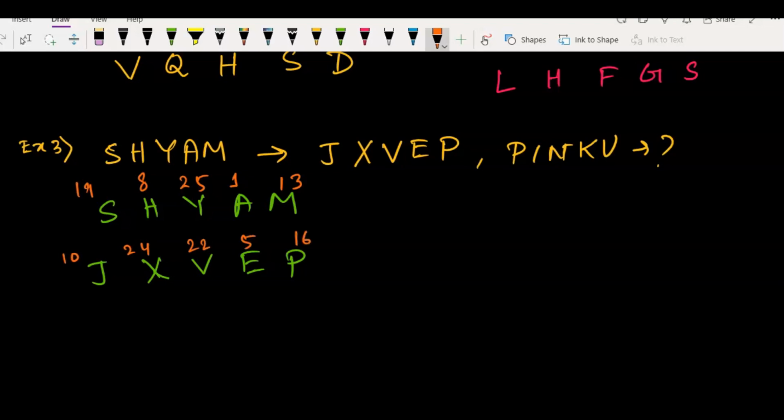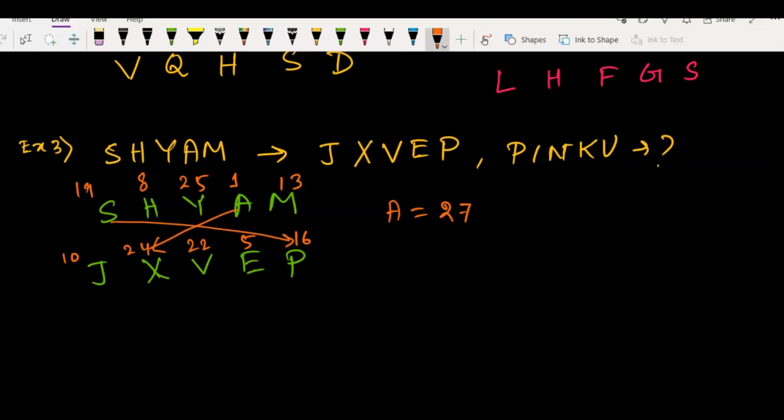So you observe that here 19 goes to 16, that is -3, 13 goes to 10, that is -3. Now we can write A as 27 because it comes after Z, and Z is 26. So A is 27. So if A is 27 and it goes to 24, then it is -3. So 19 goes to 16, -3.